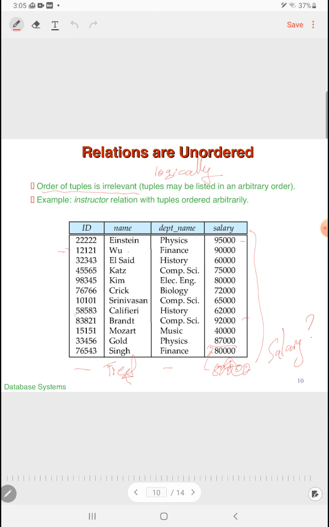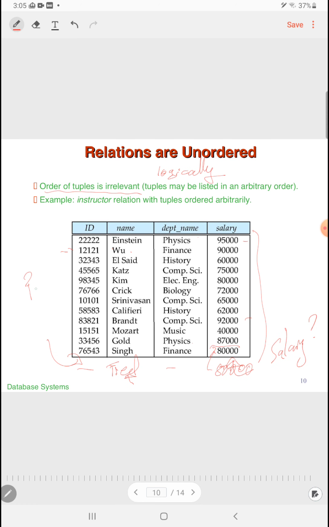Let's go back here. I'm going to carefully pick the IDs such that they are unique. Okay, I'm going to make sure they're unique. So ID will be unique.